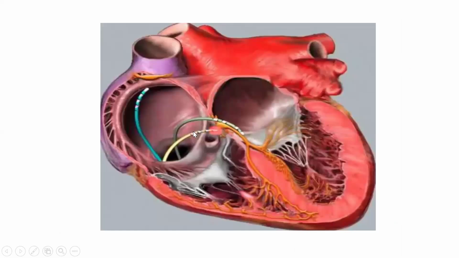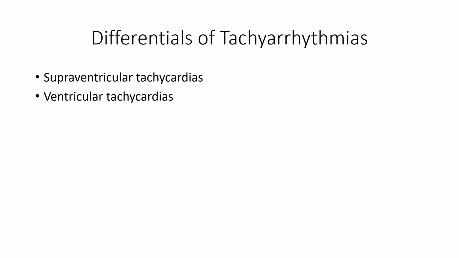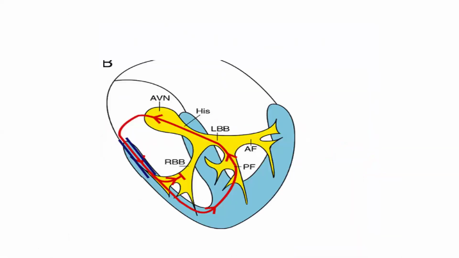You can see the proximal end is in the right atrium, there is a portion that is touching the His, and there's a distal end that is also sensing the right ventricle. And for the CS, you have the proximal end in the right atrium, a mid portion sensing the left atrium, and a distal portion sensing the left ventricle. So that's the way it's going to be represented on the EGM.